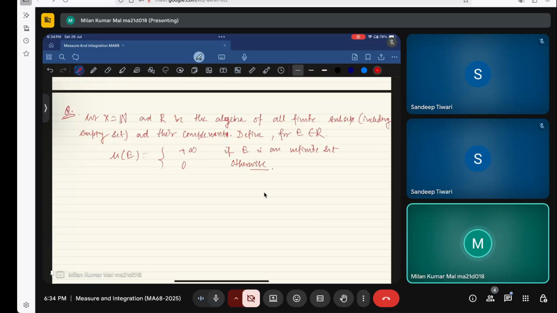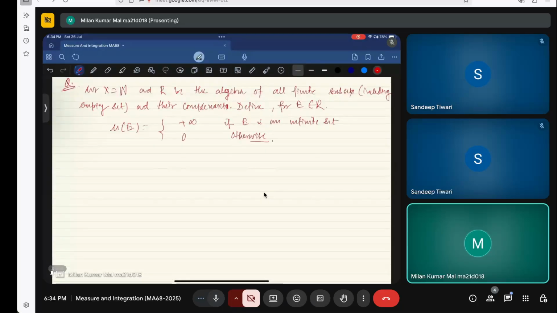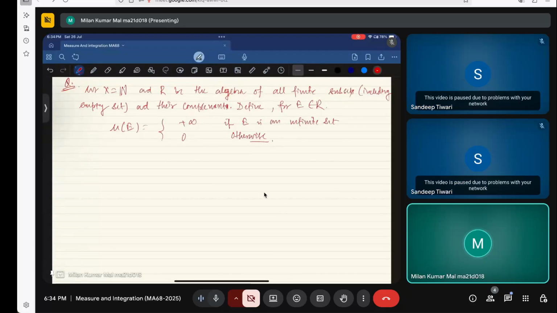Finite subsets will be there and their complements will be there. For E belonging to R, the measure is defined like that, so that mu is continuous from above for E equals the empty set, but mu is not a measure.